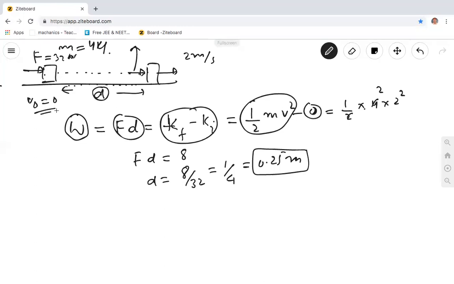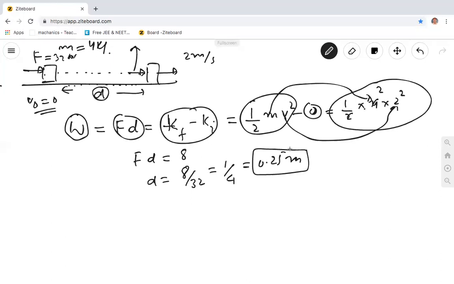Initially velocity was 0. That's 1 by 2, mass is 4, speed is 2 finally. So Fd is equal to 8. d is equal to 8 by 32, 1 by 4 is the answer.